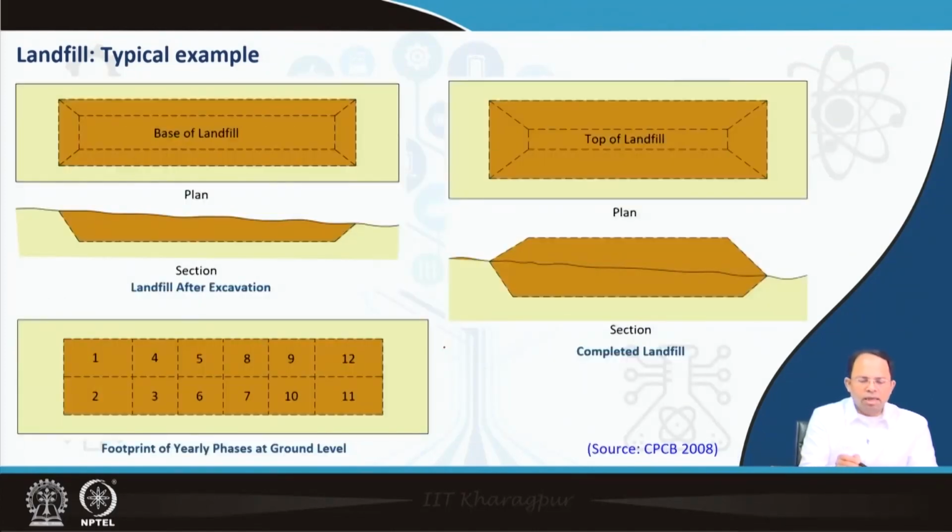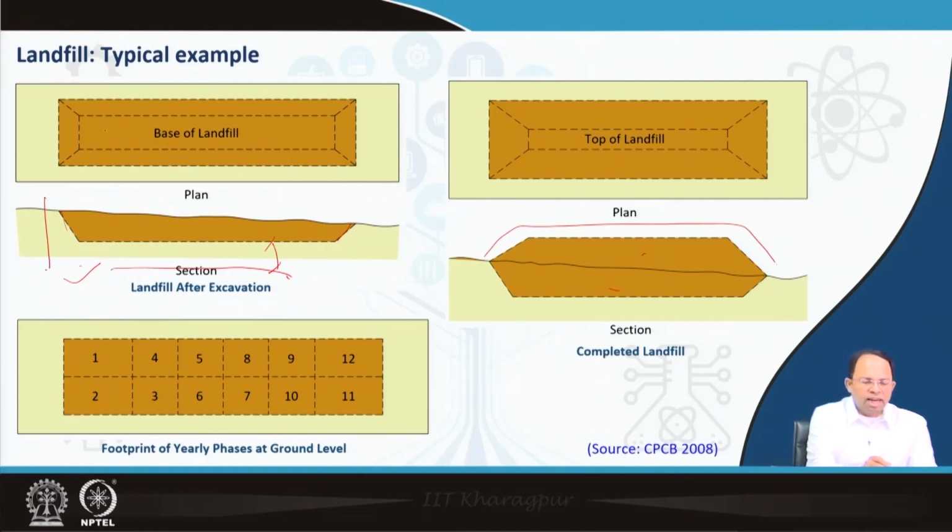Now let us assume this is the section of the landfill, the profile of the ground. So we can go a little bit below, maybe groundwater is available even below. So we maintain the minimum distance, and we can dig up, and we can go for a trench fill initially, and then, as we have discussed earlier, most landfills are like a modified area landfill. So over here you can see that eventually the landfill will look like this, some part below, some part above.